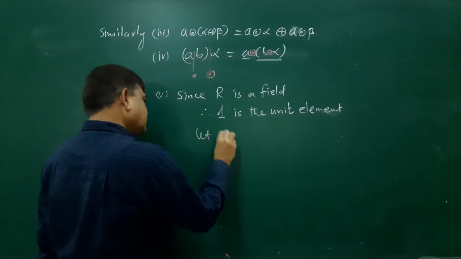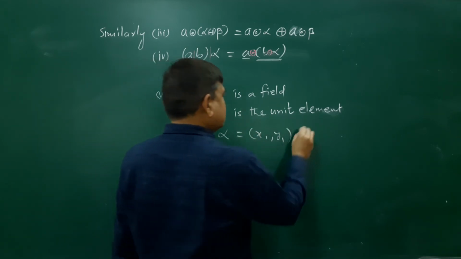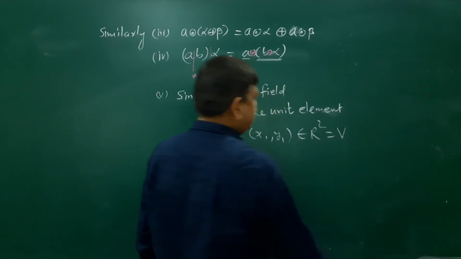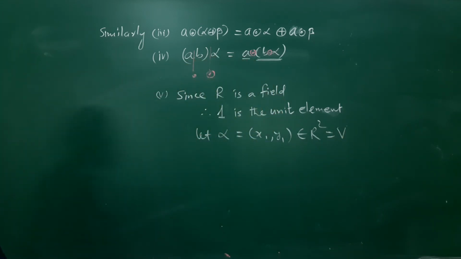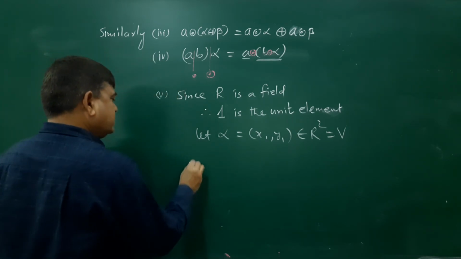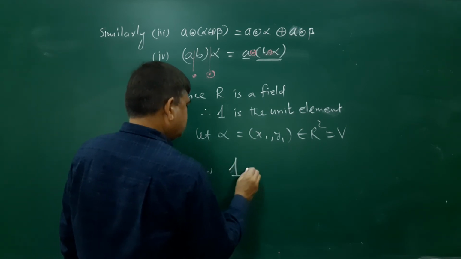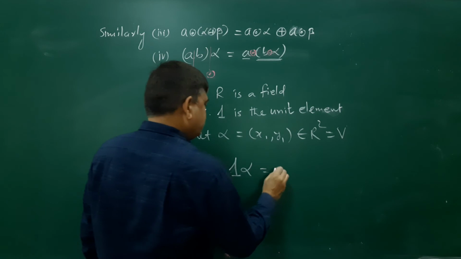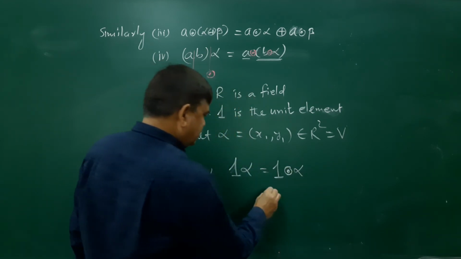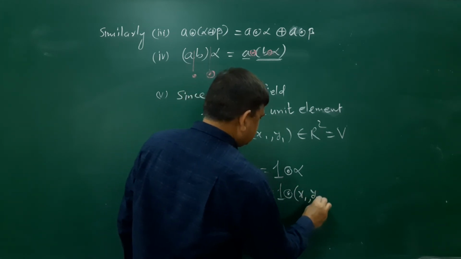Let alpha be x1 y1, belonging to V. Okay, so now one alpha means it is one times x1 comma y1.